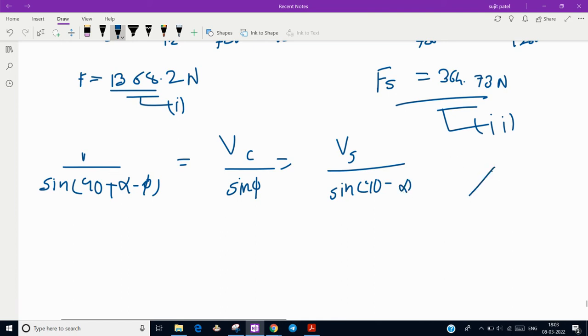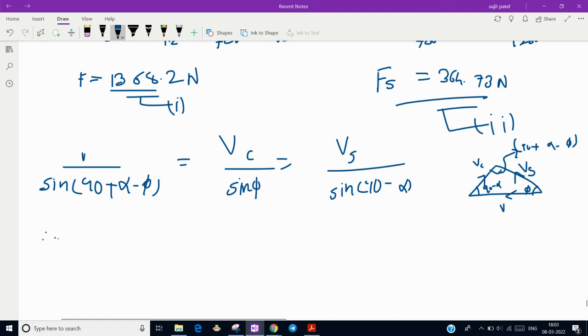This is the velocity triangle I'm talking about: this is cutting velocity, this is shear plane velocity and this is chip velocity Vc. This angle is 90 minus alpha, this angle is phi, and this angle is 90 plus alpha minus phi. So you apply the sine rule and you will find this equation.